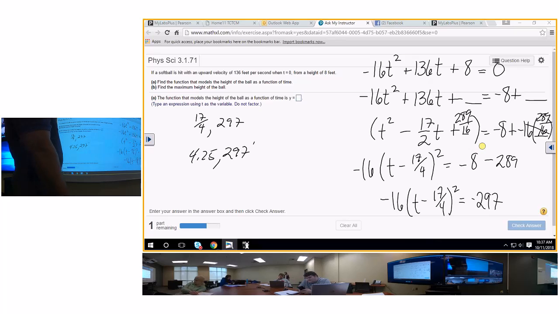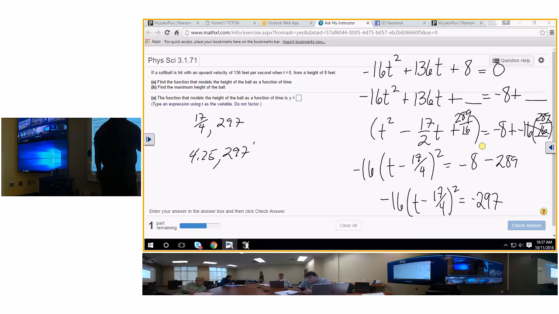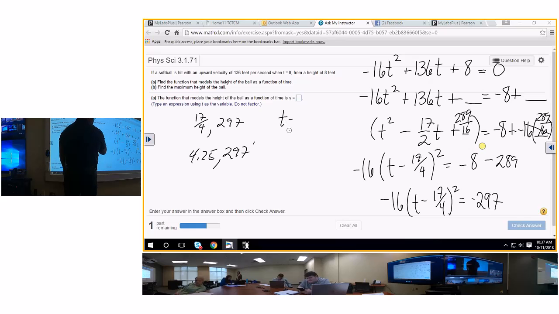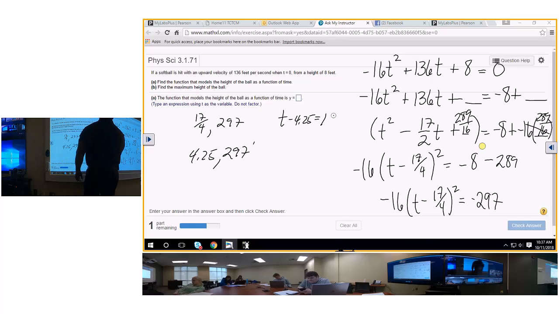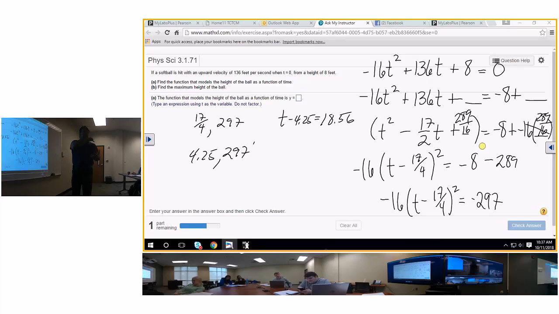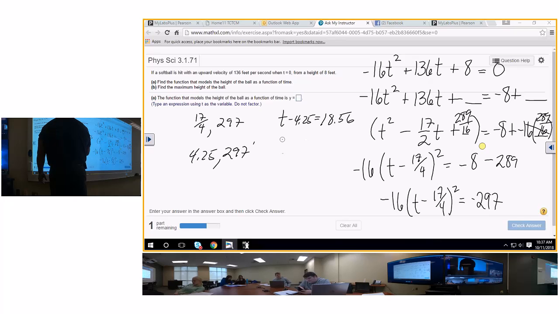Divide 297 by 16. t minus 4.25 is equal to, what's 297 divided by 16? 18.56. I only care about the positive here because I can't find the x-intercept behind me, so that ain't going to work. So I don't really care about the positive or negative on this one.